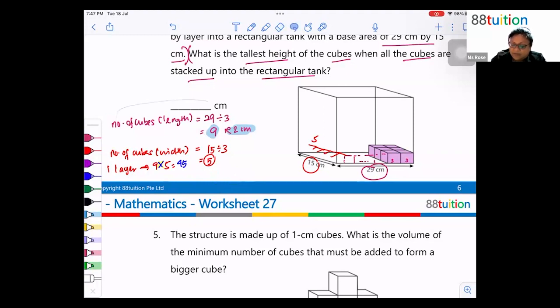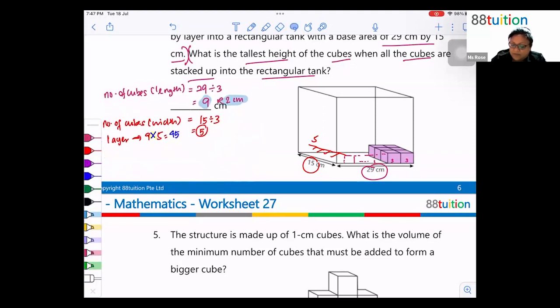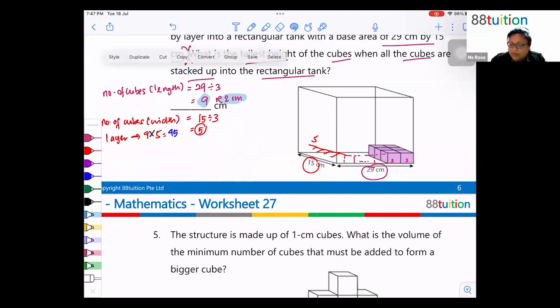Now I still need to find the number of layers. Just that I have no space, I'm just going to put it there. Now I want to find the number of layers. There are 123 altogether, and each layer has 45 cubes.